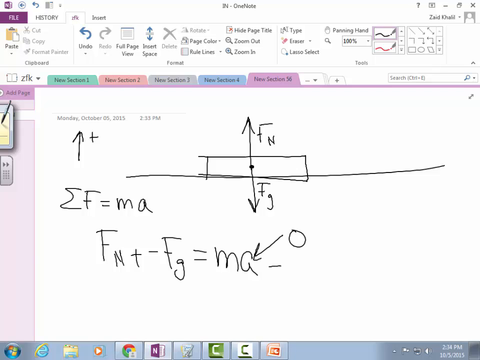So therefore, Fn equals Fg, which equals mg. Focus. Fn equals Fg equals mg because Fg is mg.